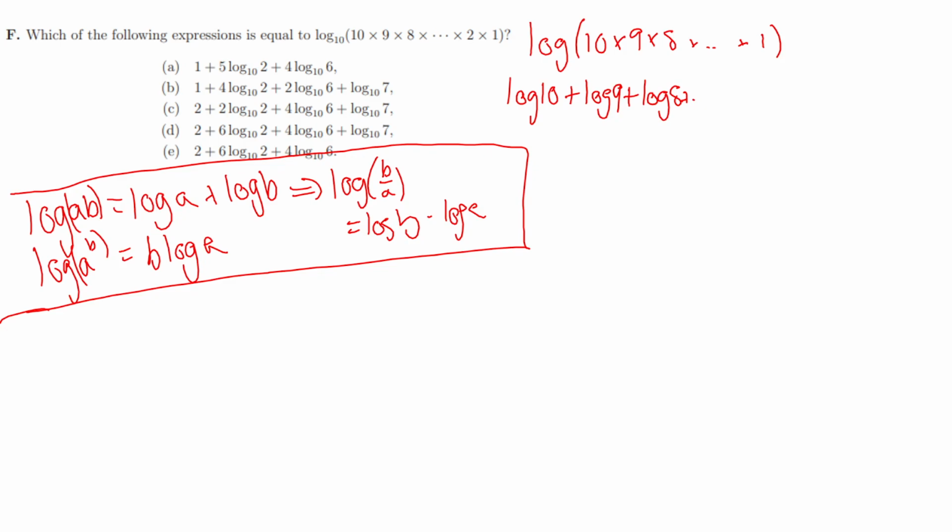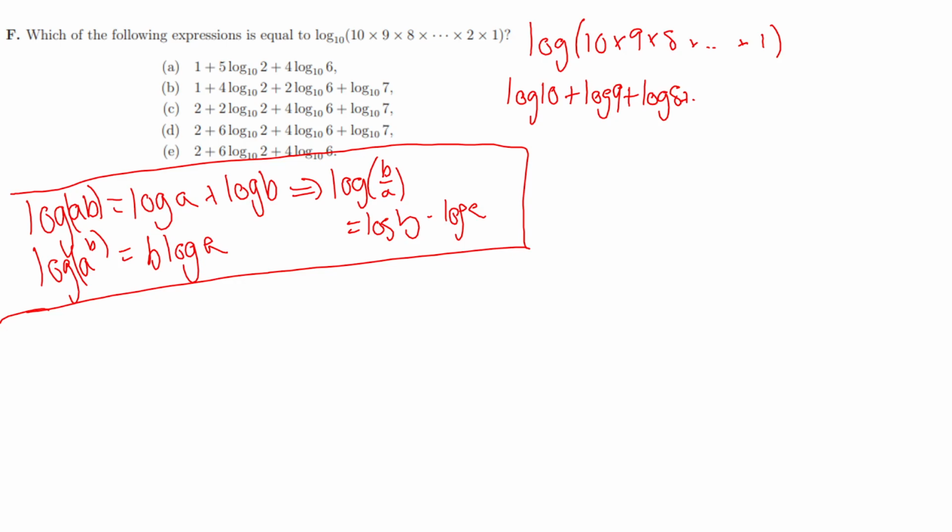We split these into adding separate logs together rather than one big log which is multiplied. So now we can take each of these individual logs and convert them into something easy to work with. Now remember, this is log base 10, so log base 10 of 10 is just going to be 1.